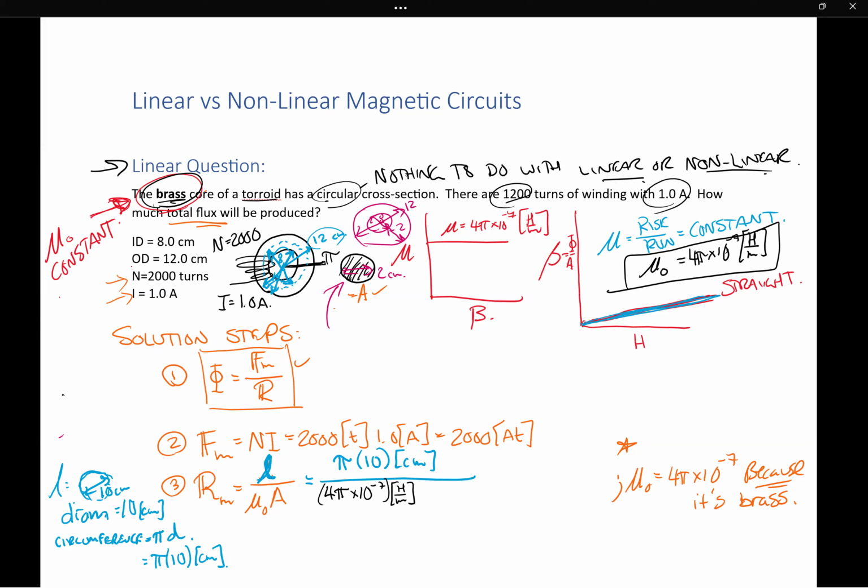Diameter there is 2 centimeters. Therefore, radius of cross-section is only 1.0 centimeters. I say 1.0 because it's a measurement. We should have significant digits.